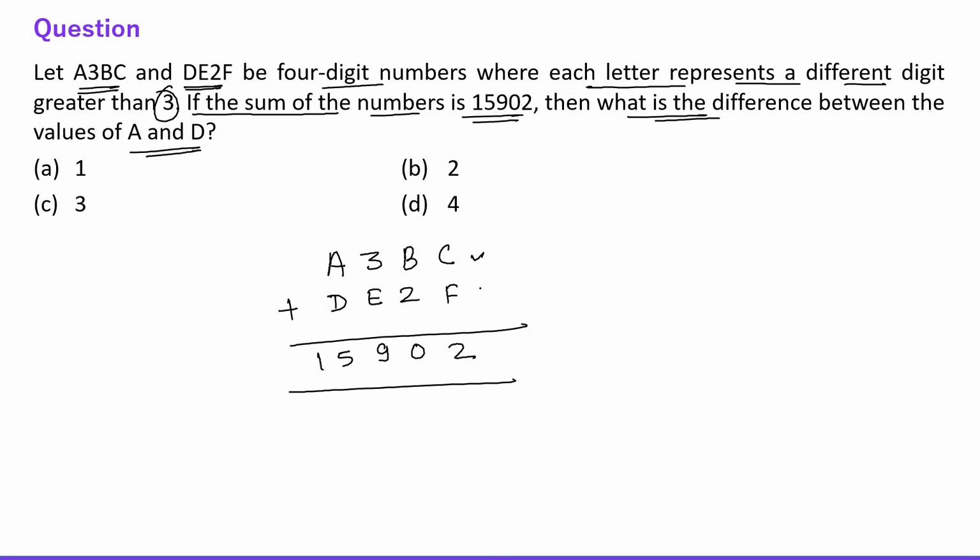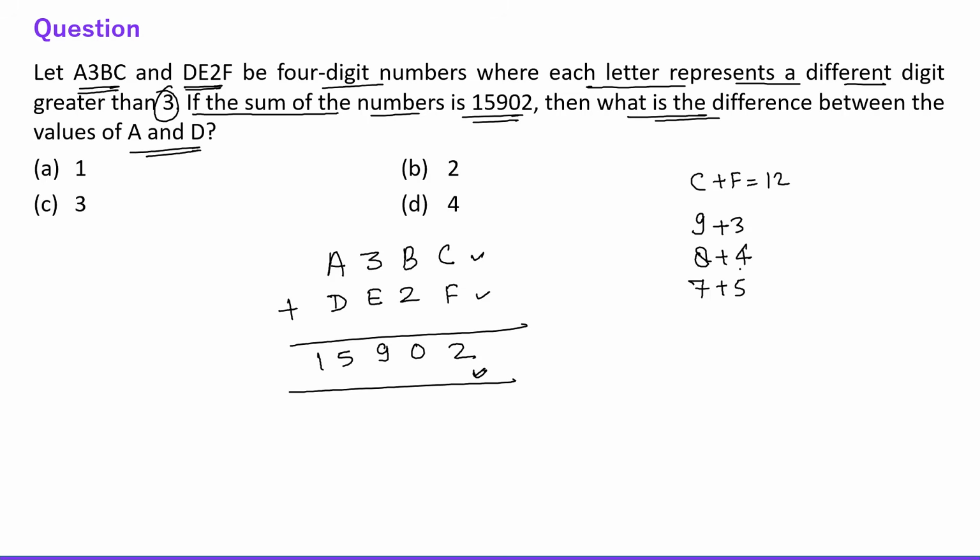Here, C plus F. Since both C and F are greater than 3, C plus F will be 12. That's why we are getting 2 over here. They can't be 1 plus 1 or 2 plus 0, because all the numbers are greater than 3. They could be 9 plus 3, 8 plus 4, or 7 plus 5, or vice versa.